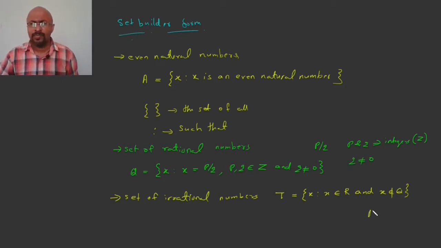This is simply R minus Q. We know irrational numbers are all real numbers except rational numbers. So we can write like this.